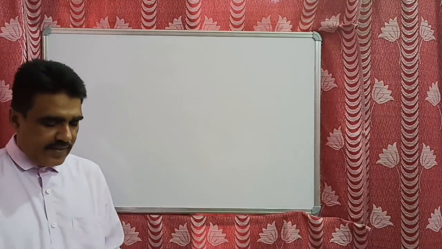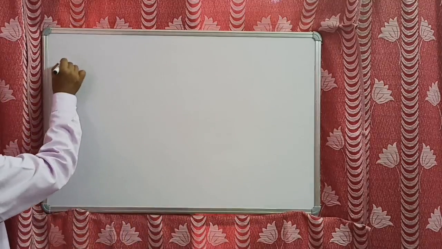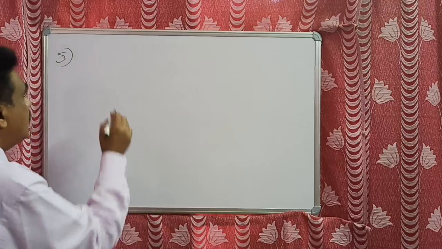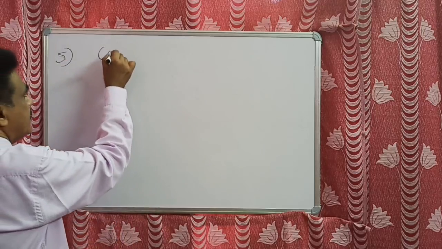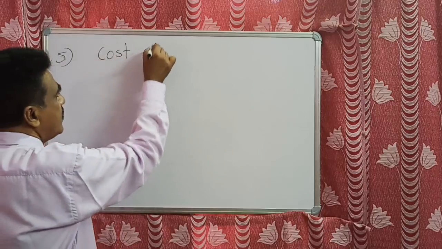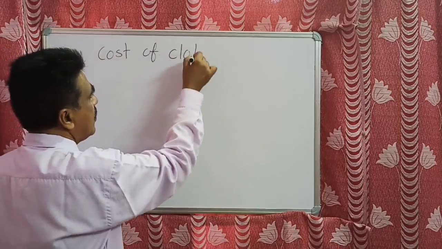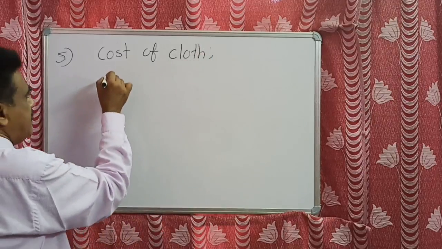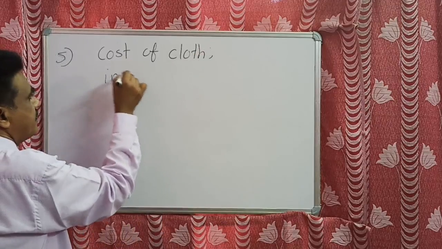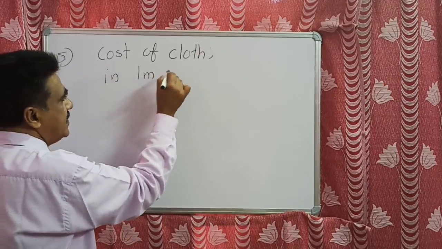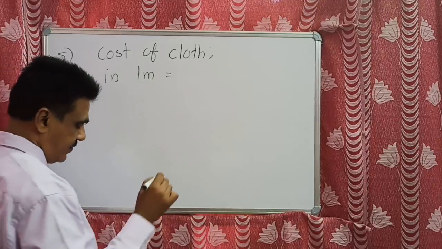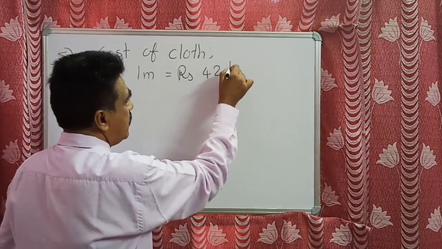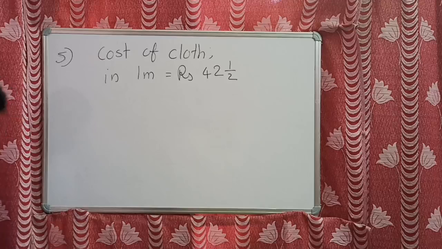Then question number 5. We can write cost of cloth. In 1 meter, that is rupees 42 1/2.